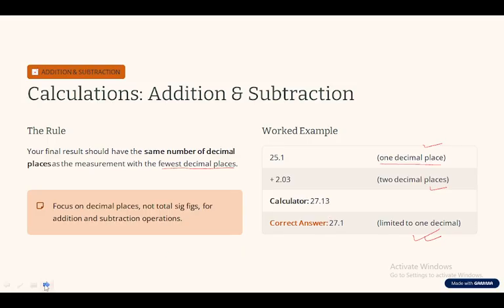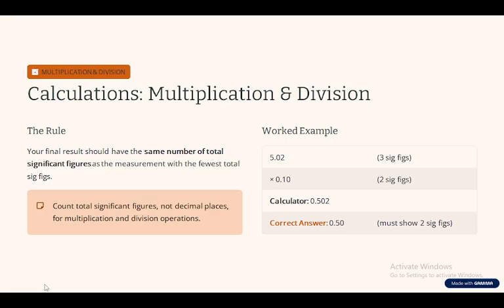The next one is calculations for multiplication and division. The rule: the final result should have the same number of total significant figures as the number with the fewest total significant figures. Count total significant figures, not decimal places, for multiplication and division. Suppose there is 5.02, three significant figures, right?